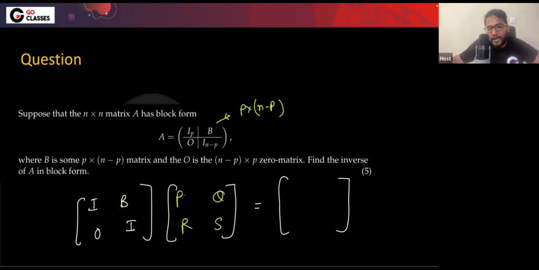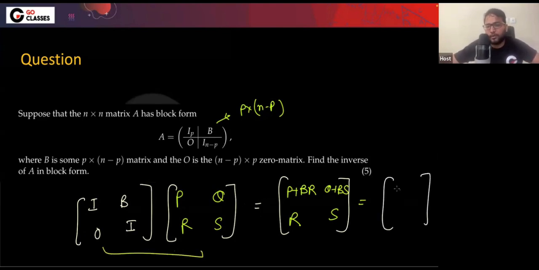Now it will be I into P, so P plus BR, then Q plus BS, then R, then S. Since the multiplication must give the identity matrix, this must be equal to I, 0, 0, I, right? So R is 0, and then P is just the identity matrix, right? So we need to find the values of PQRS.